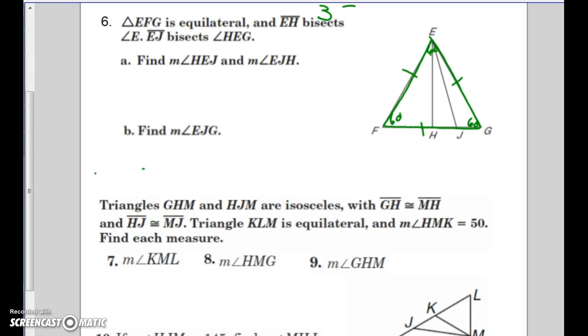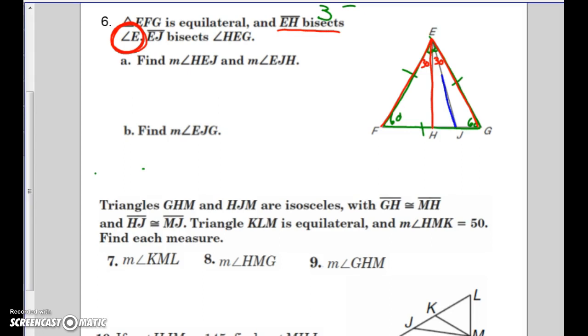Then it says that EH bisects, and you just told me that bisects means that it cuts it in half. What is it cutting in half? The angle E. Well, here's angle E. How big is angle E? Angle E is 60, so if I cut it in half, it would be 30 and 30, right?